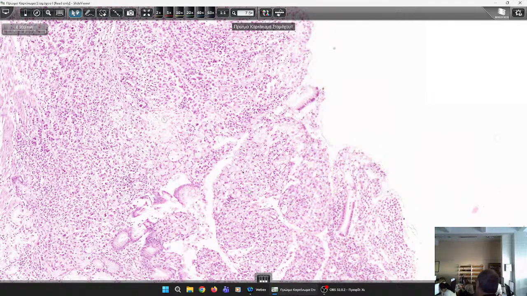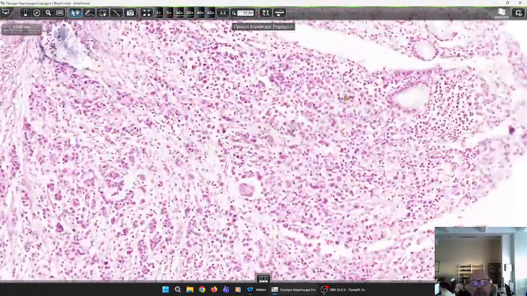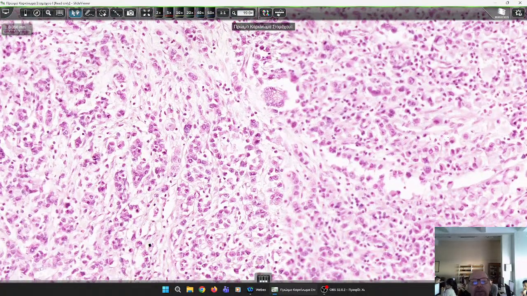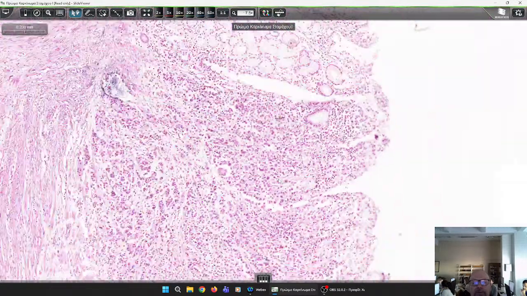And of course, since you do not see glands, you just see single cells invading the lamina propria, it is of course high grade. It is poorly differentiated because these are single, poorly cohesive malignant cells. All these are cancerous cells, and of course there are some coexisting inflammatory cells.